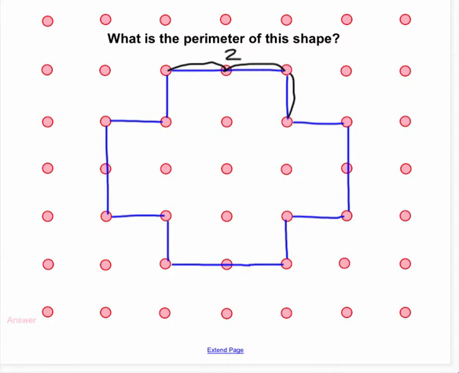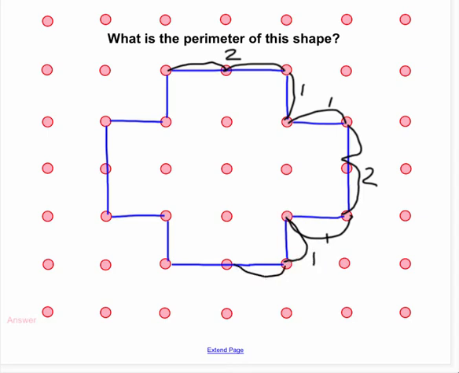Here I have 1. Over here I have 1. Then I have 1, 2, 2 jumps there. Over here is 1. Here I have 1.